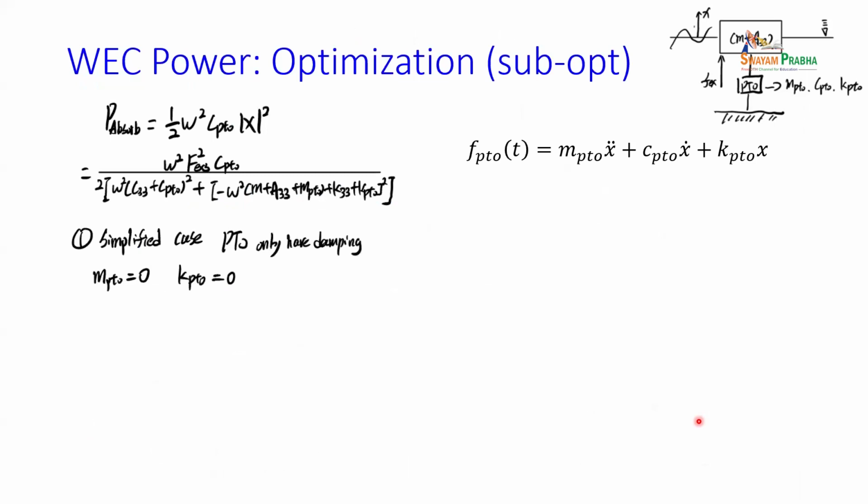Let us say a simplified case, right? Suppose you have some system where you can ignore the moving mass, and that type of thing can be true. For example, you put a voice coil motor here, and the voice coil mass is very small compared with the PTO mass.